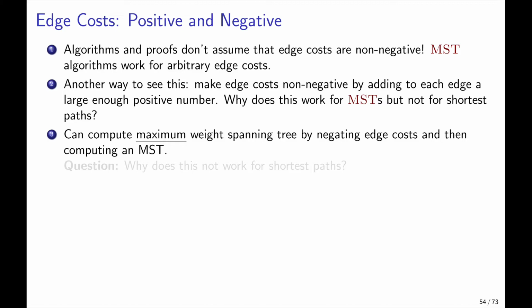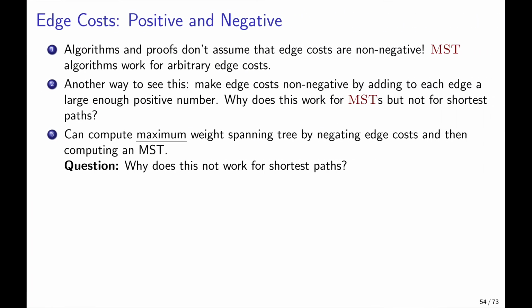So the algorithm works perfectly well with negative weights. This in particular means that all the weights can be negative and you're looking for the minimum spanning tree. But this is equivalent, if you think about it, to the case where the weights are all positive and we are looking for the maximum weight MST. So we can compute the maximum weight MST, not only the minimum weight MST, which is kind of cool.